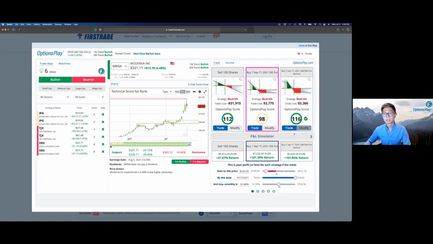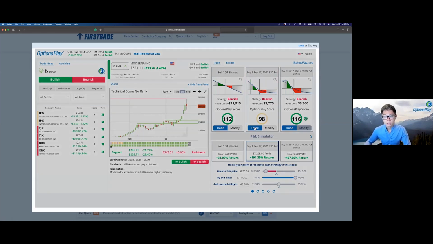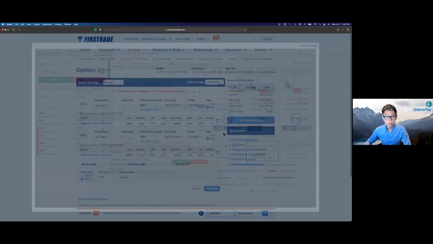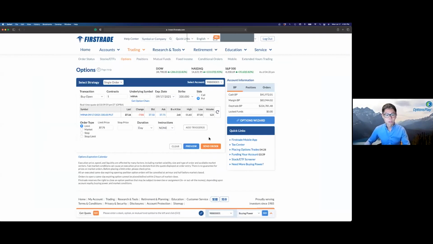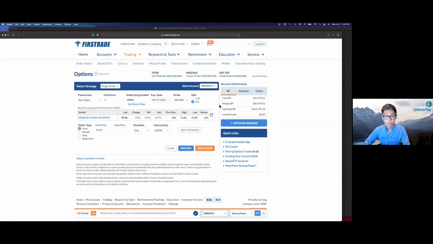This way, that makes your decision a lot easier, a lot simpler to understand, and you might want to click on the trade button, hit preview order, and send this off for execution here at First Trade. So we created these to try to make these processes as simple as possible for you so that you can truly understand what your potential risks and rewards are before you execute a trade.